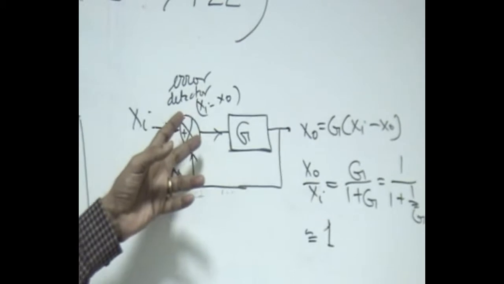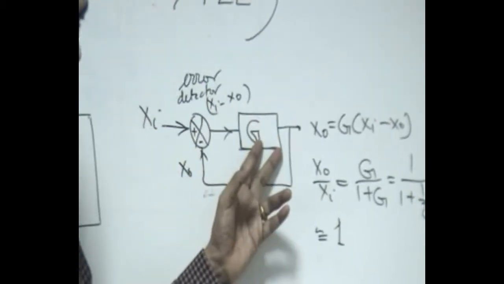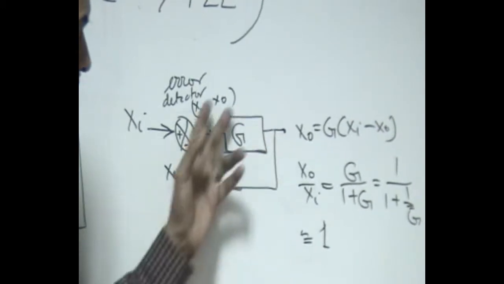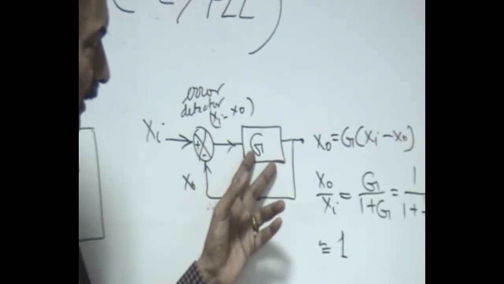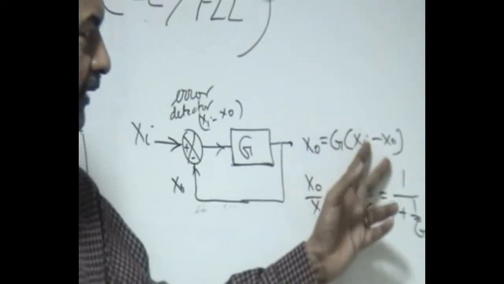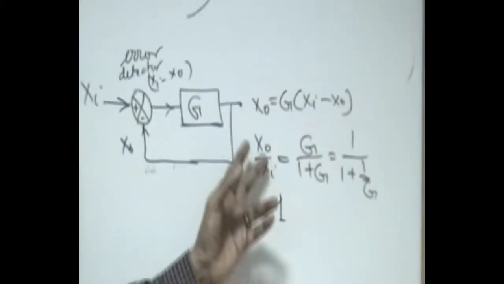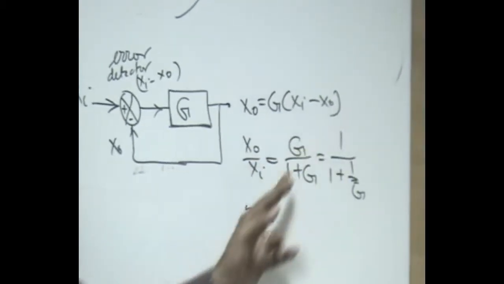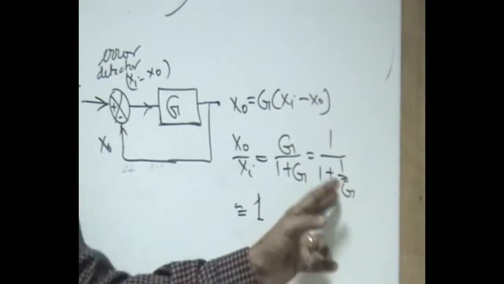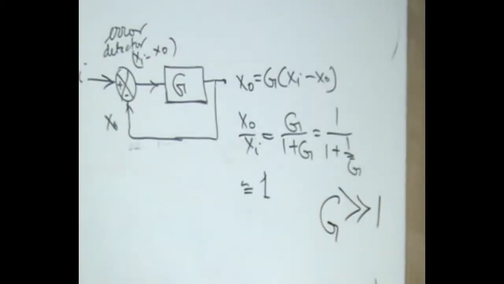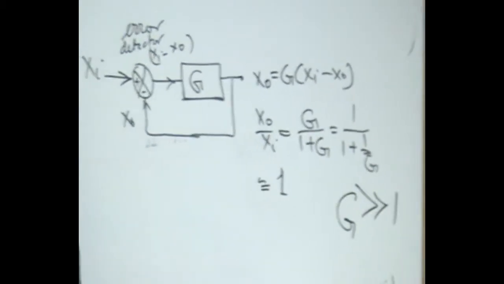That error detector output is amplified by an amplifier G, so that the loop gain is increased enormously. Then x0 is equal to G times the error xi minus x0. Then x0 by xi is equal to G by 1 plus G, or approximately equal to 1 if G is made very large compared to 1. This is the basic principle of a negative feedback system.